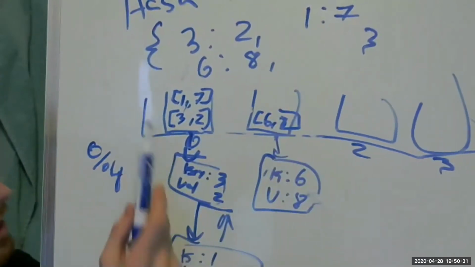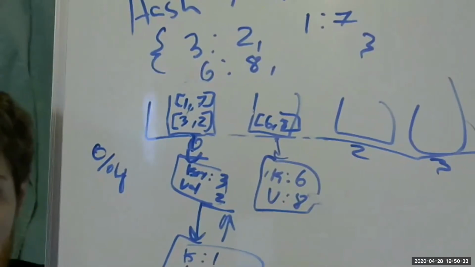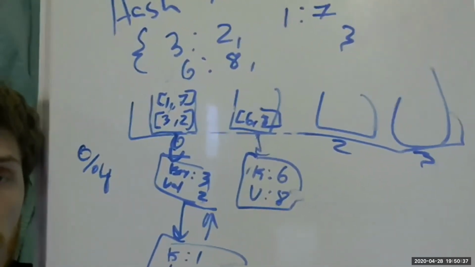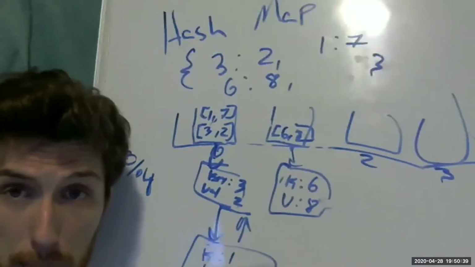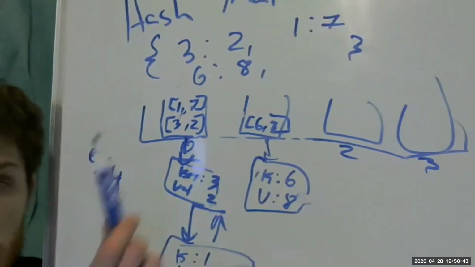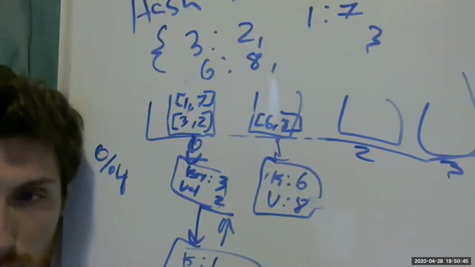Why can't I just have my buckets be arrays filled with tuples? That's a great question. For the basic implementation of a hash map like this, that is totally fine. You could make this work the same.